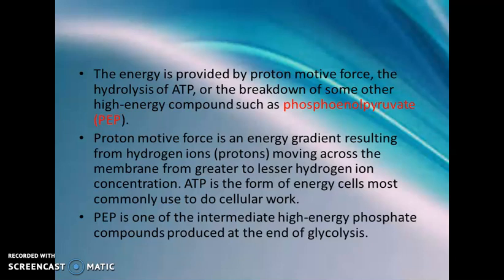Here, the energy can be provided by the proton motive force, that is, through the hydrolysis of ATP. Phosphoenol pyruvate is an intermediate high energy phosphate compound, produced at the end of glycolysis, that we will study later in microbial metabolism.